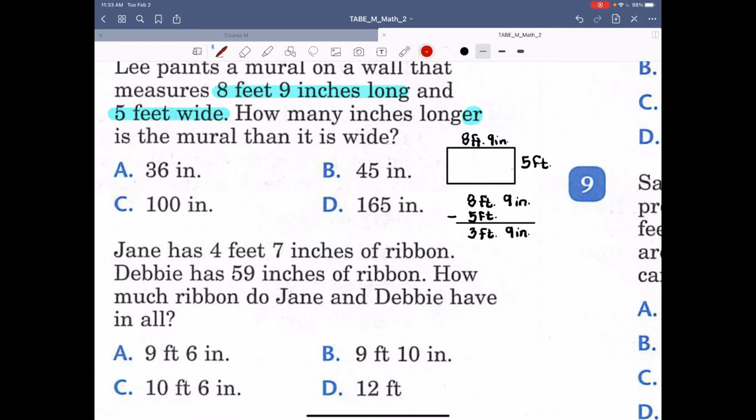So here is the time to convert. I know that there are 12 inches in a foot, so I'm going to say 12 times 3. That's 36 inches. Plus 9 inches. Make sure you don't lose the 9. Is 45 inches. So that is going to be B.